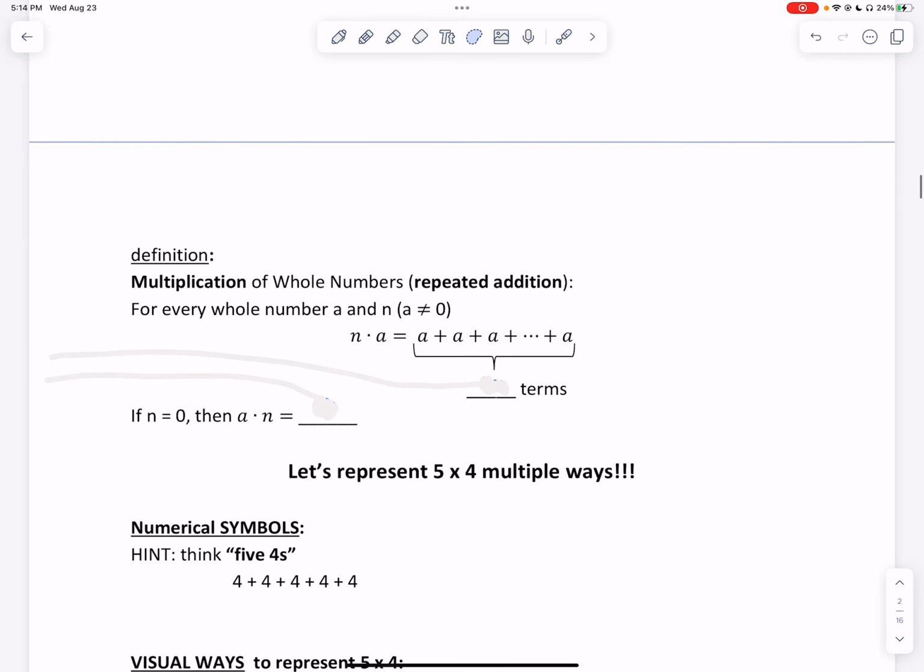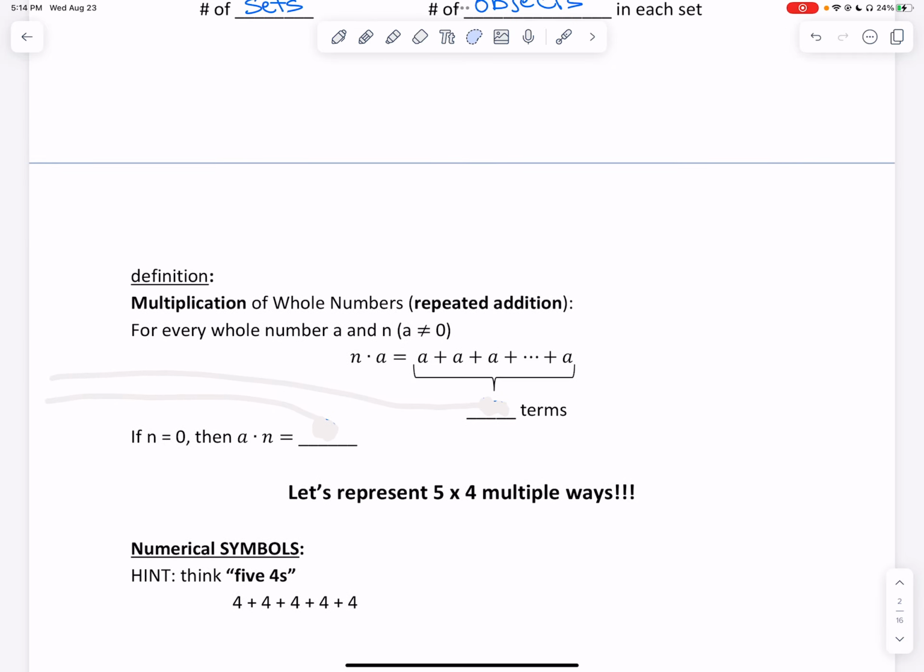So first, let's talk about what multiplication is. For every whole number a and n, n times a means I'm going to have n sets of a's, so I've got a, n times.